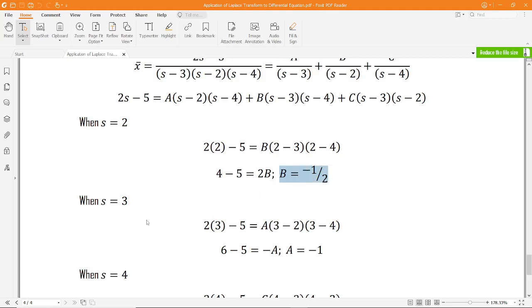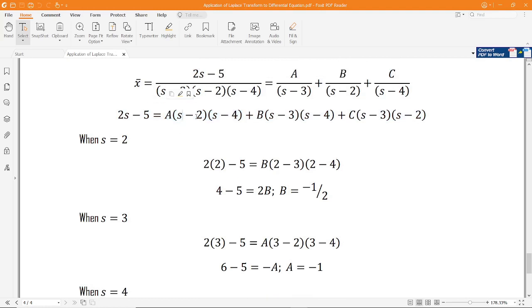Then, having gotten that, if we make s to be 3, putting s to be 3 into this equation, 3 minus 3 will be 0, so all of this will be taken out. Also 3 minus 3 will be 0, so all of this will be taken out. We are left with A. So 3 minus 2 will be positive 1, and 3 minus 4 will be negative 1.